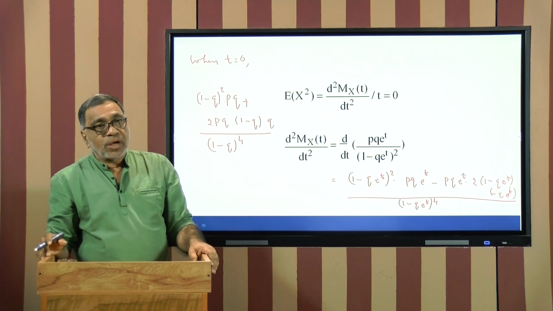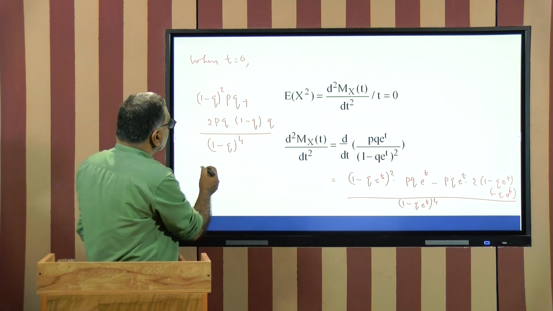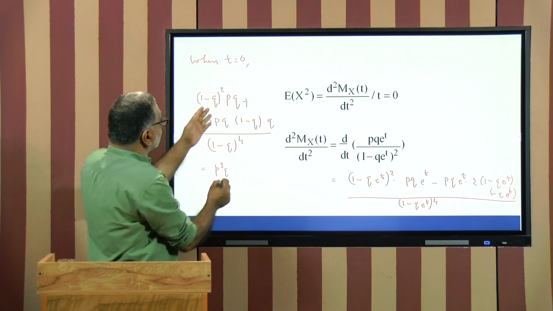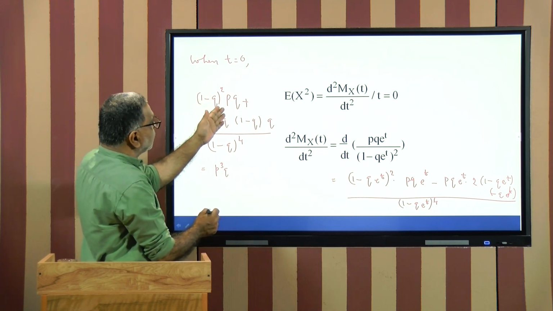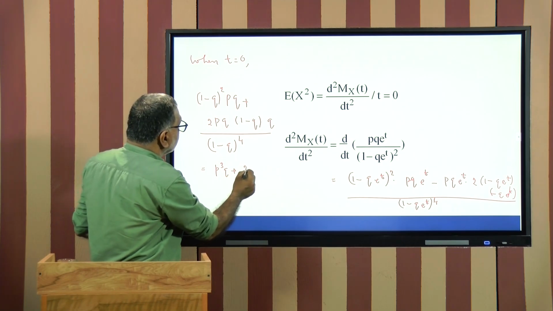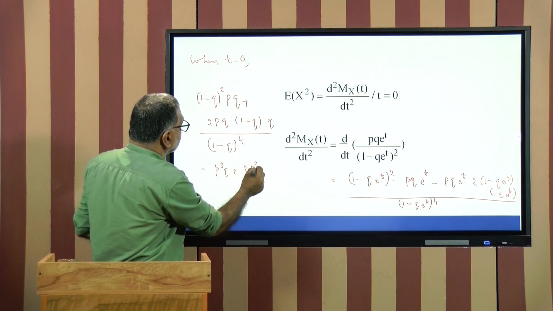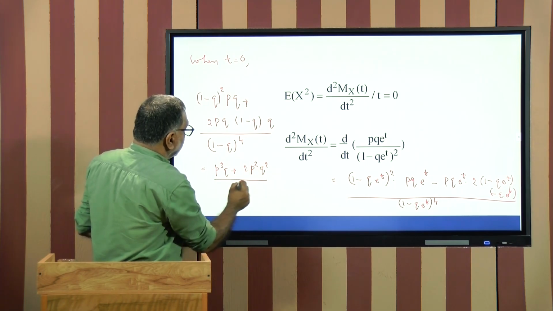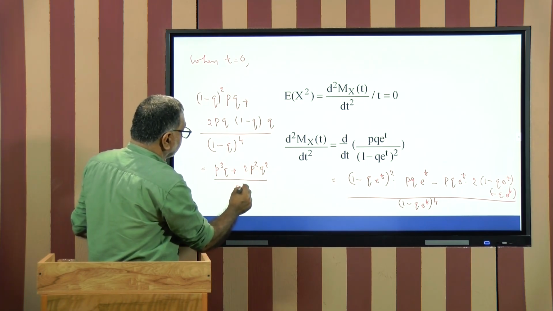Simplifying this value, you will get p cubed q, (1 minus q) the whole square means p square, so p cubed q plus 2 p square q square divided by p power 4.